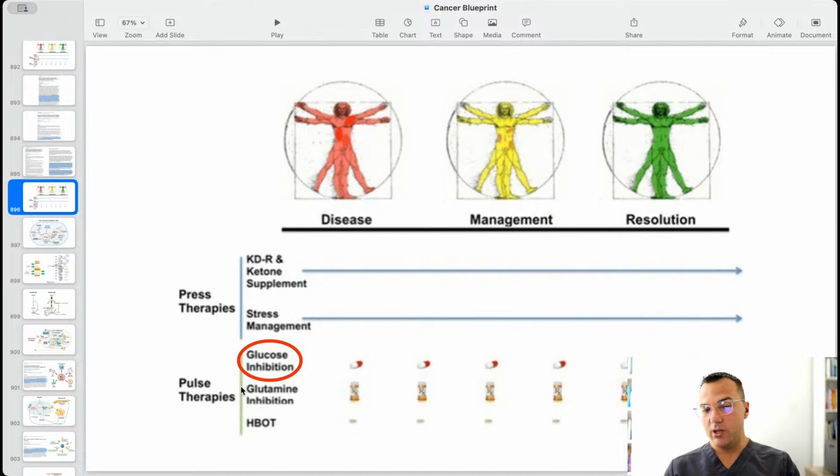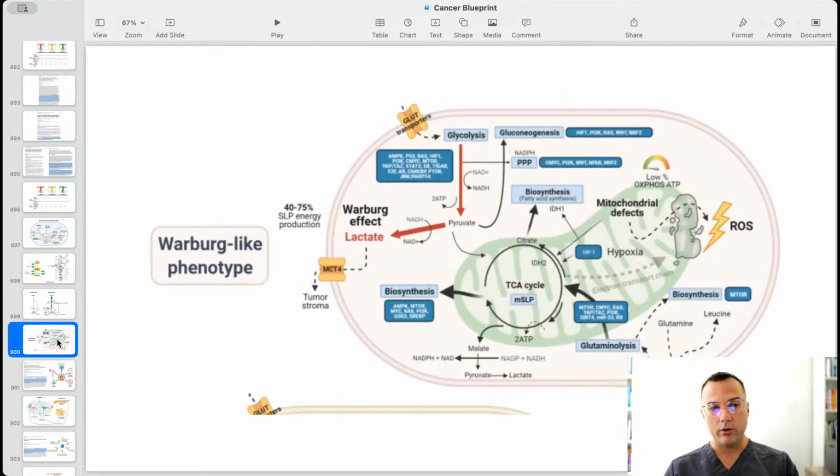If you block glutamine by itself, if you just take DON or, I don't know, mebendazole or EGCG or something like that, you're not going to have success. If you do HBOT or IV vitamin C or photodynamic therapy by itself, you're probably not going to have success.